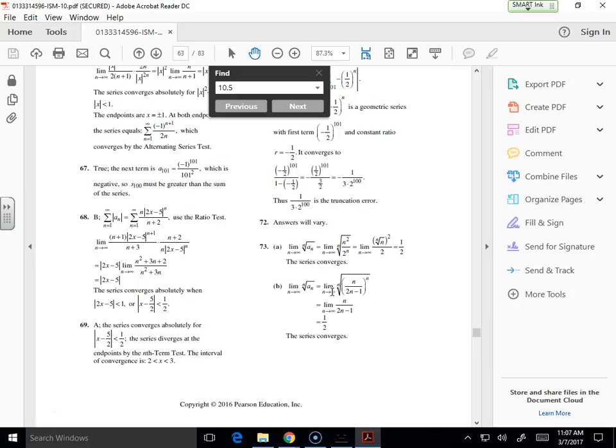That doesn't mean it's alternating. The x is always in the absolute value, right? No, that's just how we do interval of convergence with the ratio test, right? Oh, doh. I thought that. Okay. Cool. That was 10-4-5. That's it.